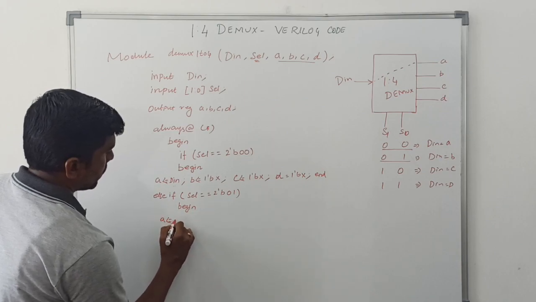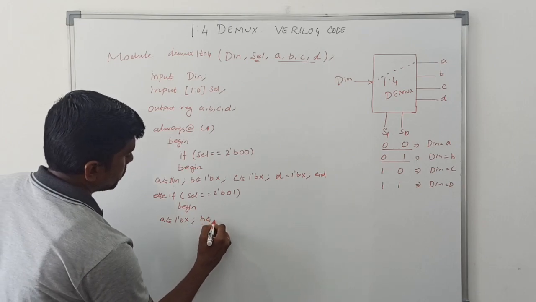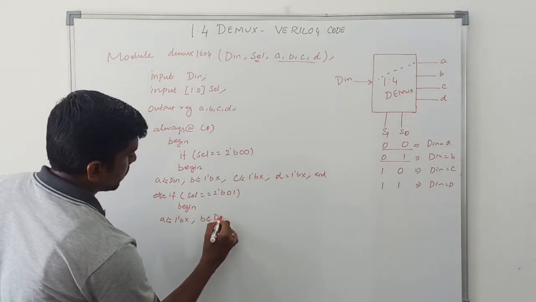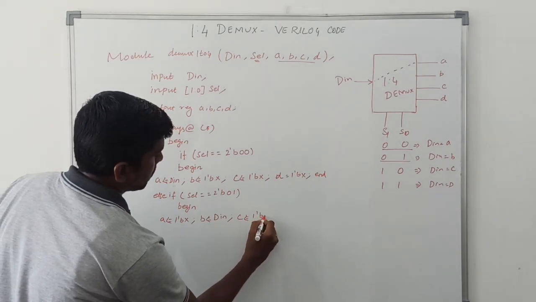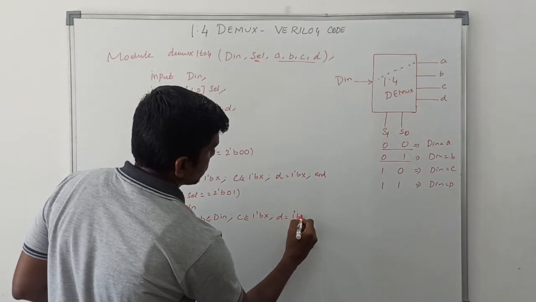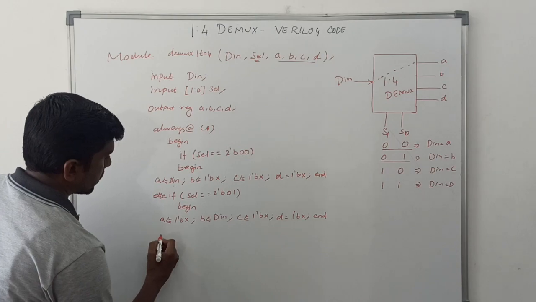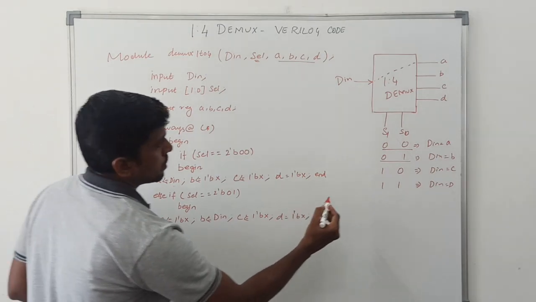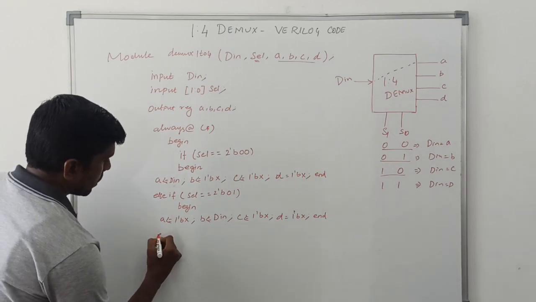Now A value 1'bx, don't care. B value data in. C equal to 1'bx, don't care. D 1'bx, don't care. Then end.